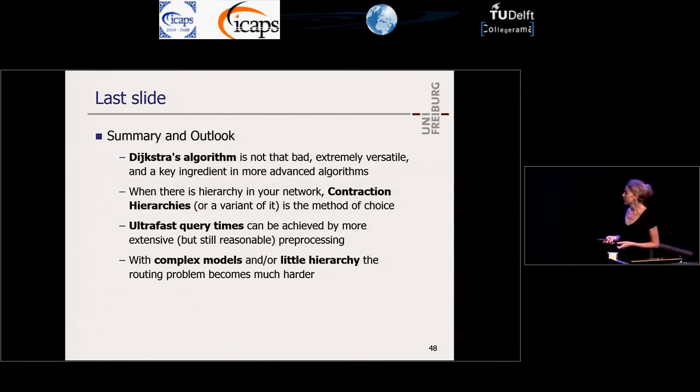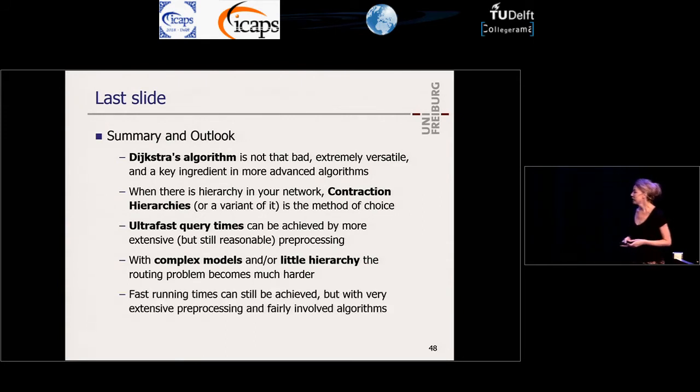When the models become more complex, or you have little hierarchy, like in transit, then the routing problem becomes much harder. Then you can't use contraction hierarchies. You have to do something different. And fast running times can still be achieved, but the pre-processing is now more extensive, and I skipped over most of the details. The algorithms become pretty complicated.